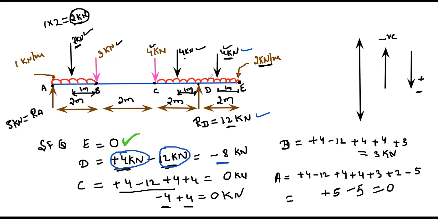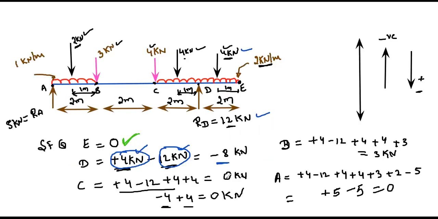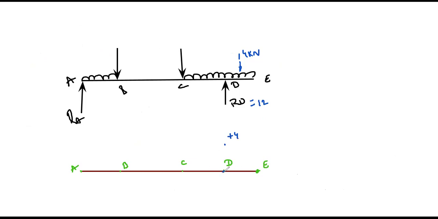How to draw? It is a combination of UDL and point load. First, we'll draw from the right side. First, we need to draw 4 kilonewton. Next, -12 kilonewton. So somewhere here we get +4 kilonewton. Then -12 kilonewton, in the sense this is 0.